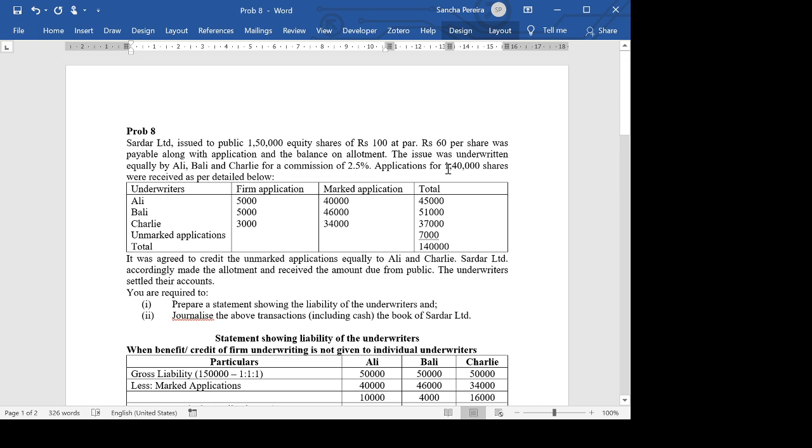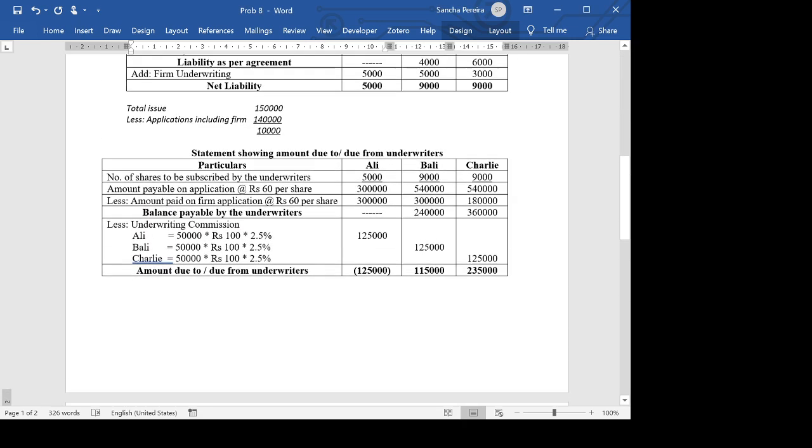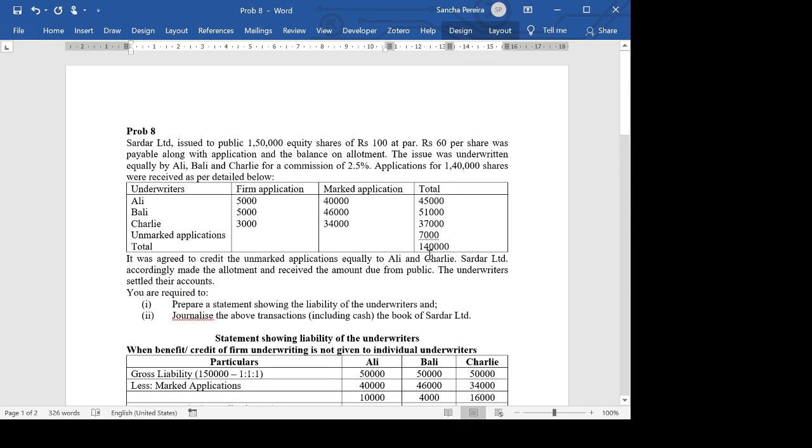In the previous problem, what I had done is I had taken the public subscription and the firm underwriting and I put it together.